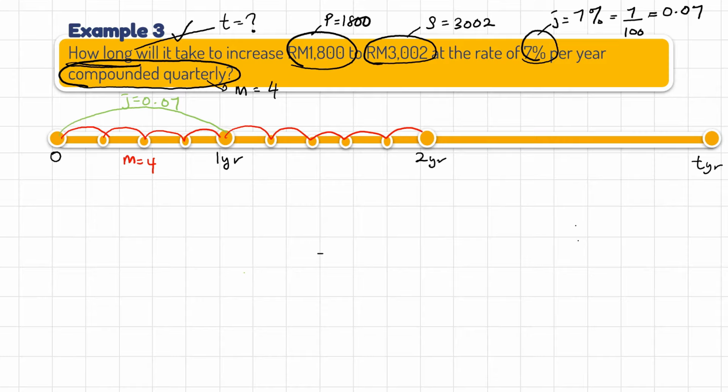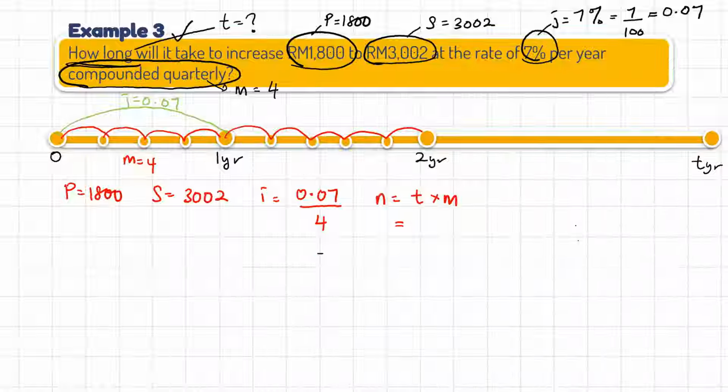Let's rewrite the information. We have P equals 1,800, S equals 3,002 ringgit, I equals J over M, 0.07 over 4, N equals T times M, which is 40. Okay, our N is equal to 40.